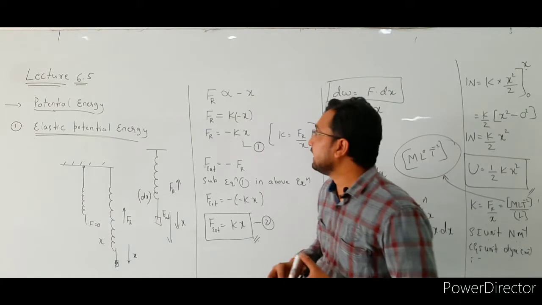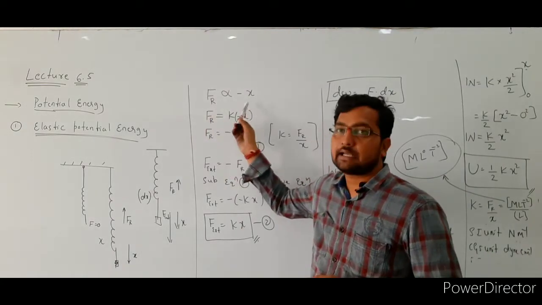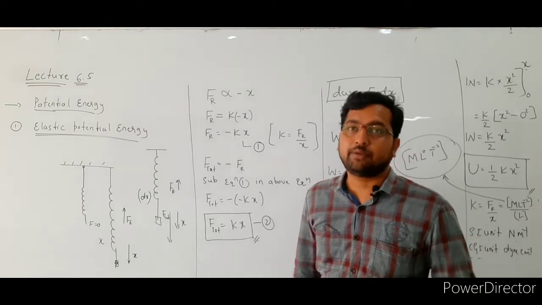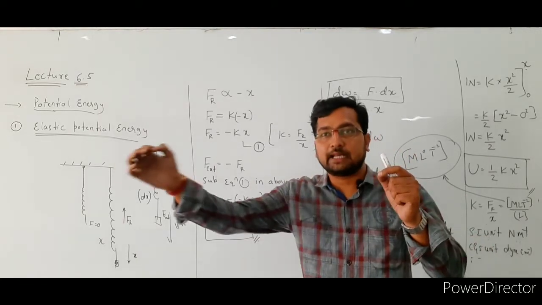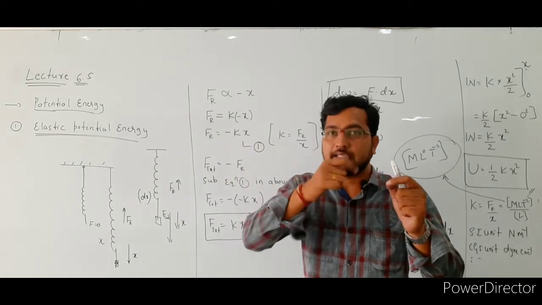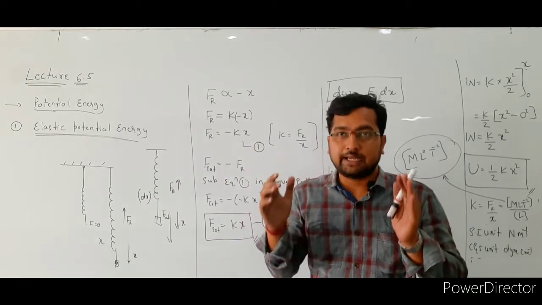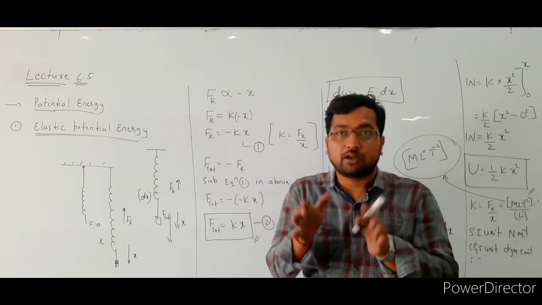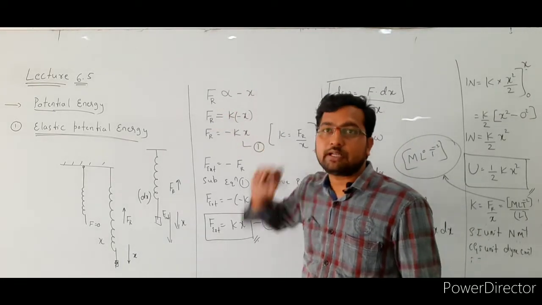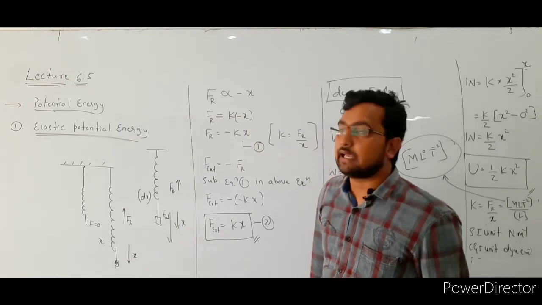In this case the restoring force is directly proportional to displacement in the opposite direction, because the length of the spring is increased in this direction, but the restoring force is in this direction, because it is trying to regain its original configuration.